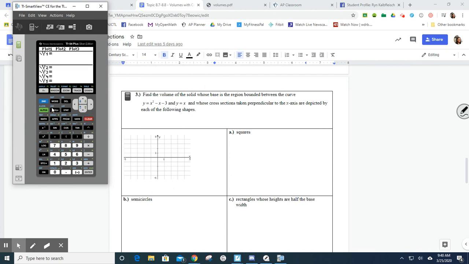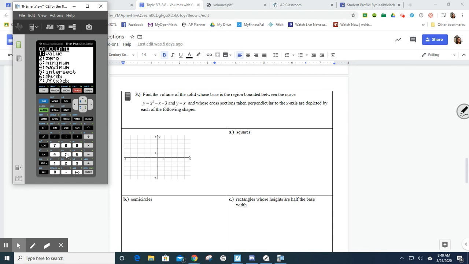Okay, so I got x squared minus x minus 3. And then I've got y equals x, and I'm just going to hit zoom 6. Okay, so we have this shape. The first thing I want to do when I have this shape is go ahead and find my two intersection points, right here and here. So second calculate.